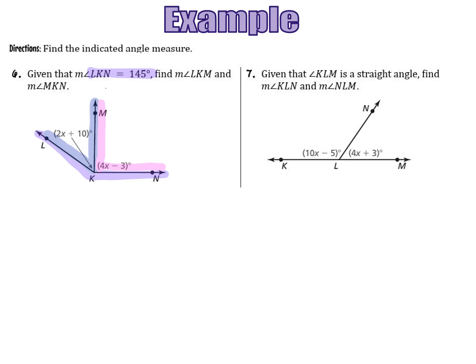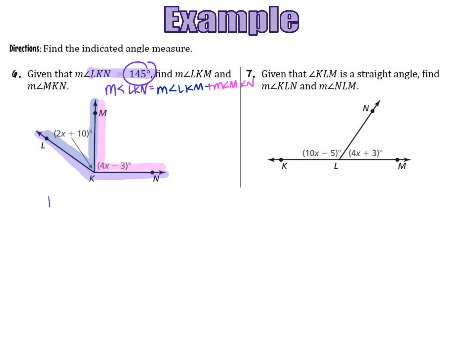So what we know is that the measure of the big angle, the measure of angle LKN, is going to be equal to the sum of the two smaller ones. So the measure of angle LKM plus the measure of angle MKN. Now, based on the substitution property, I can plug in what I know to be true.